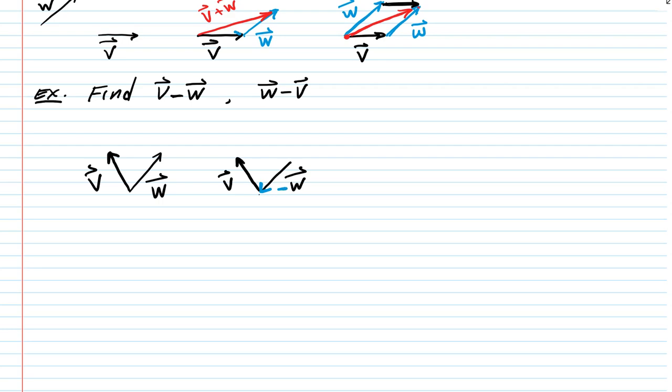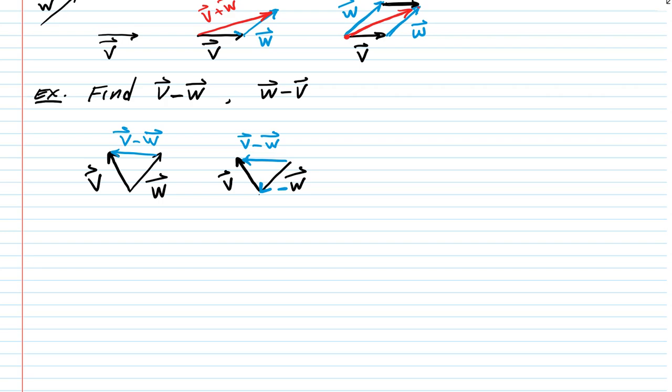Right? So this is now negative W, and we're going to add those together. So how do we add them together? Again, we're going to go tail to tip, and this is going to be the difference vector. This is V minus W. And then I can translate this vector to the original right there. That's going to be V minus W.